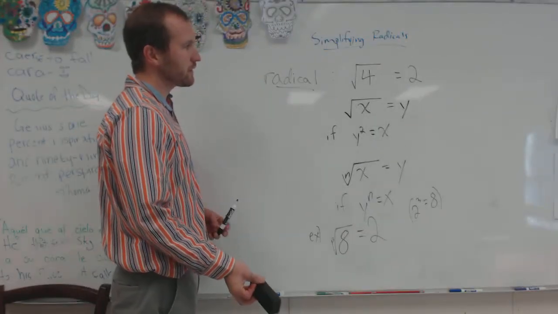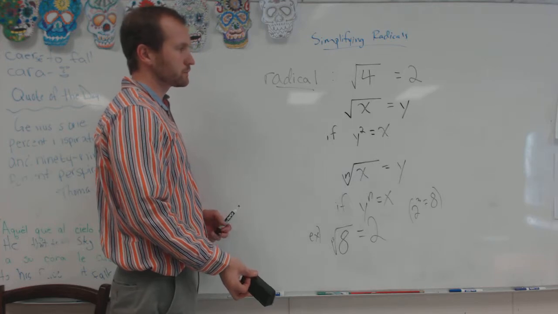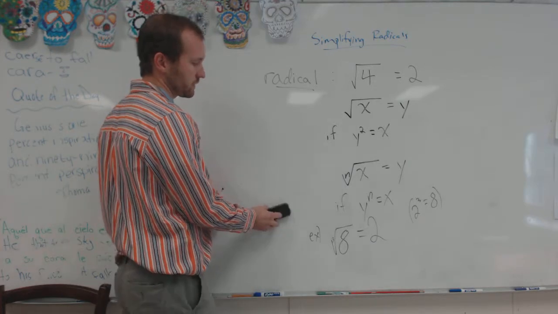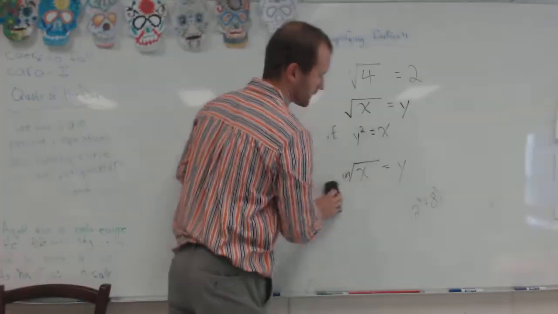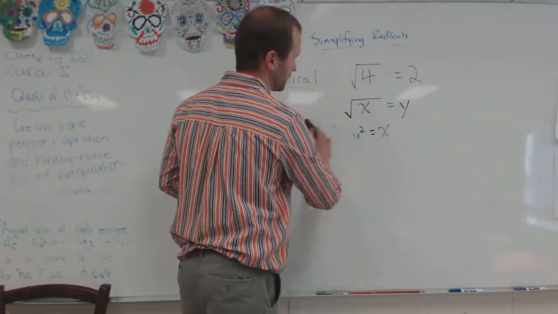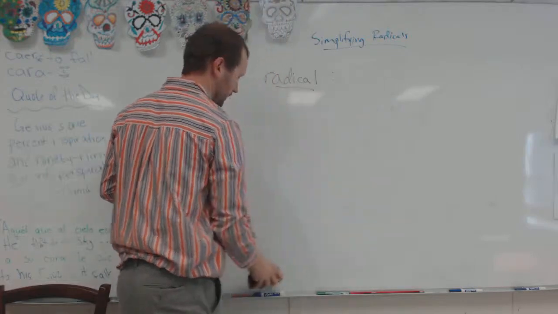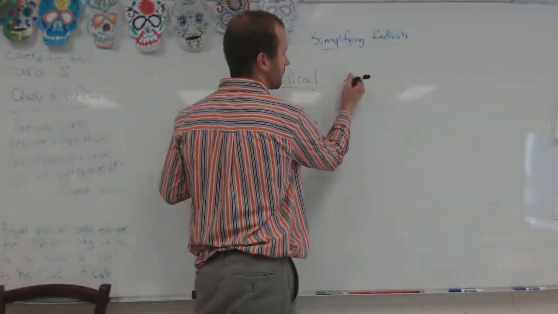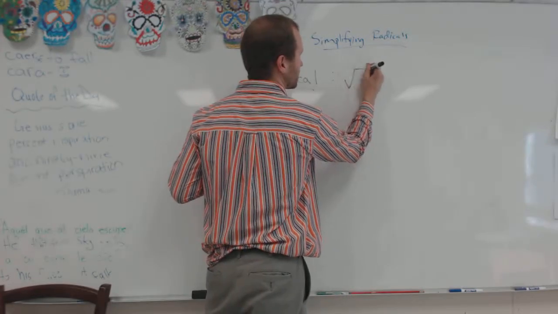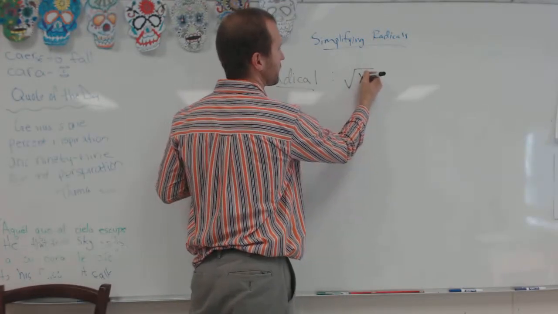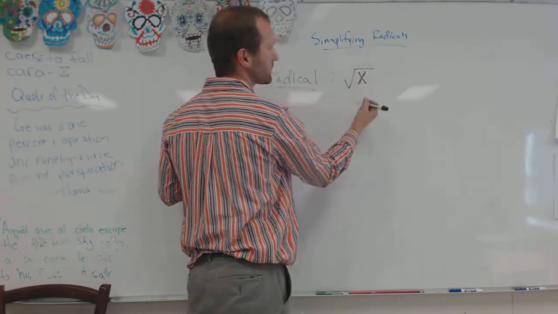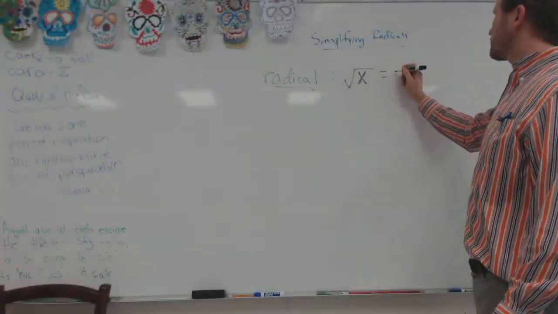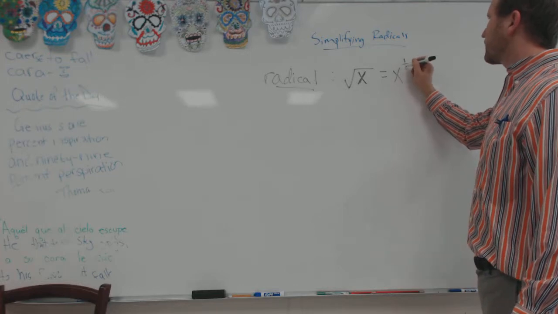So there's another way of thinking about this, kind of another definition. A radical, if I have the square root of x, and remember if there's no number there, we assume it's the square root, is also equal to x to the 1/2.